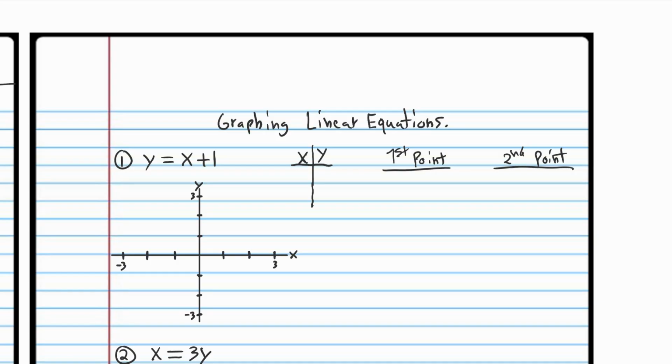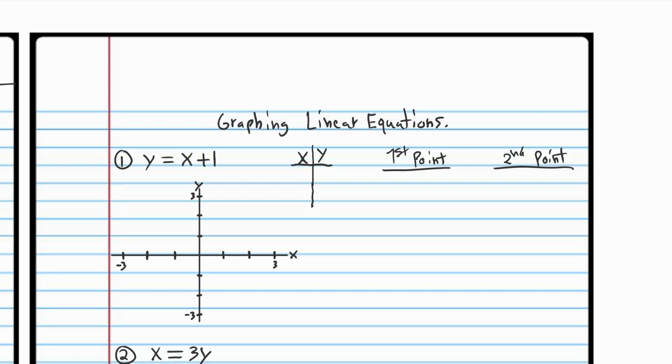So for the first point, we're going to choose any x value you want, but it has to be within this window. Notice we have +3 and -3, so it has to be somewhere 3 or less than 3. And in this case, it actually has to be less than 3, because if you add 3 and 1, you get 4, and that goes out of our window.